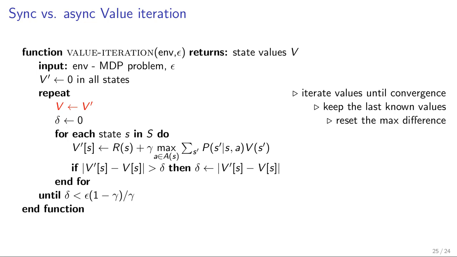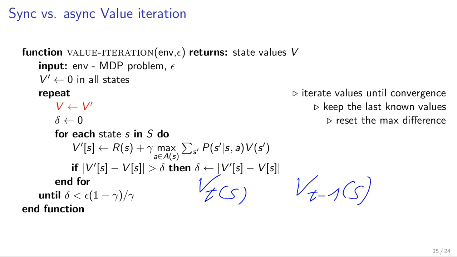So that means maybe I can try to write somewhere. Let's use a different ink. So to update, let's say, the value at time t of s, you're going to be using the values from the previous time step.